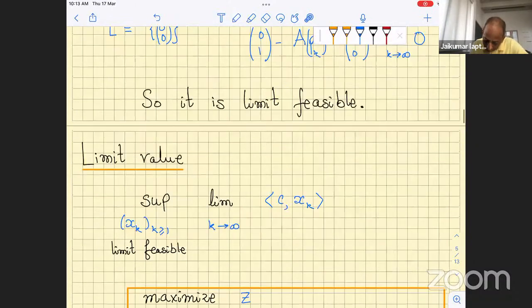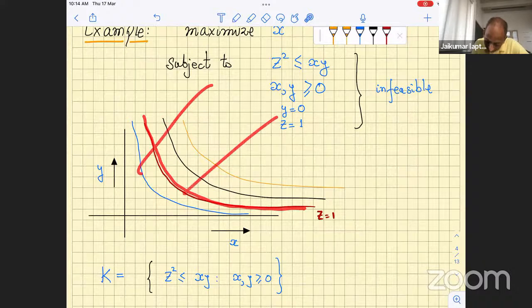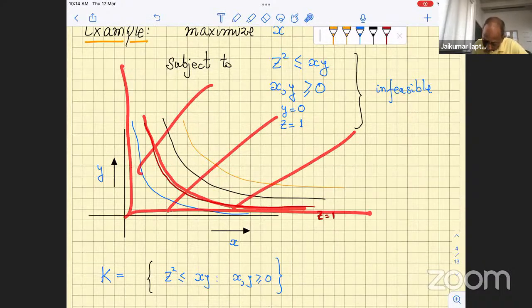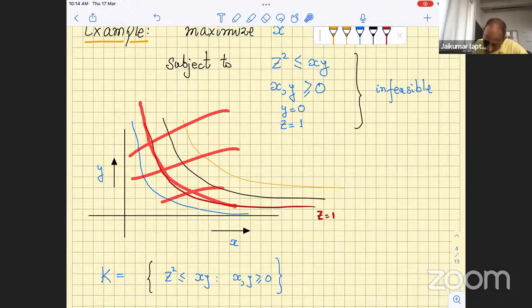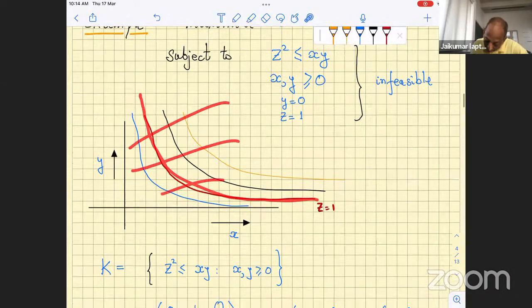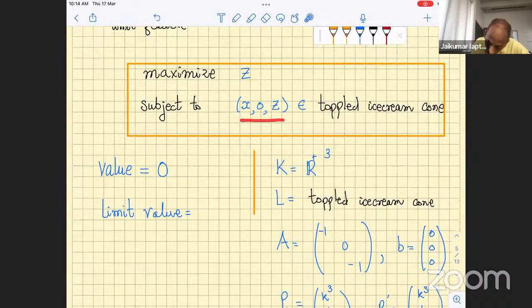Now, what about the limit value? Well, actually, the same picture still works. We could travel along this. We are inside our cone K. This is our cone K, the entire three-dimensional positive orthant. And let us travel like this. As we travel like that, we approach points like this.